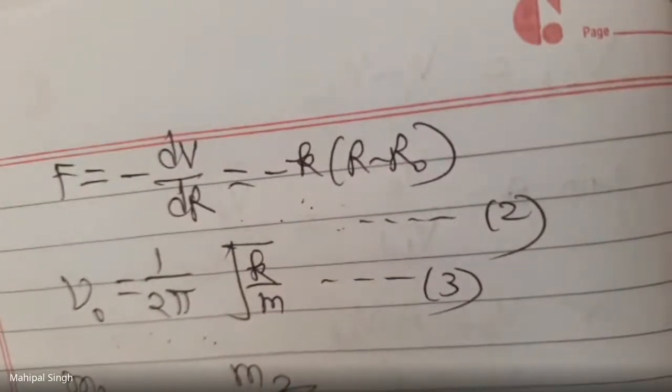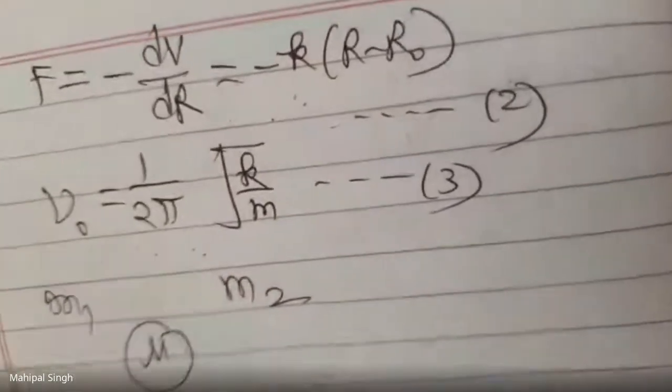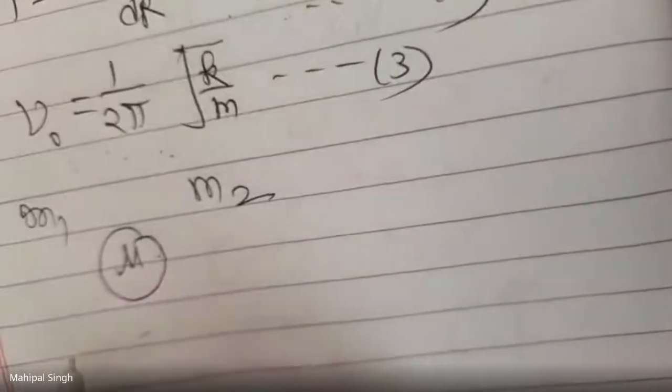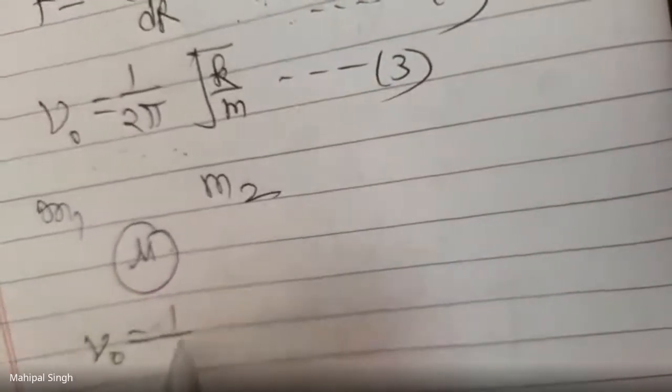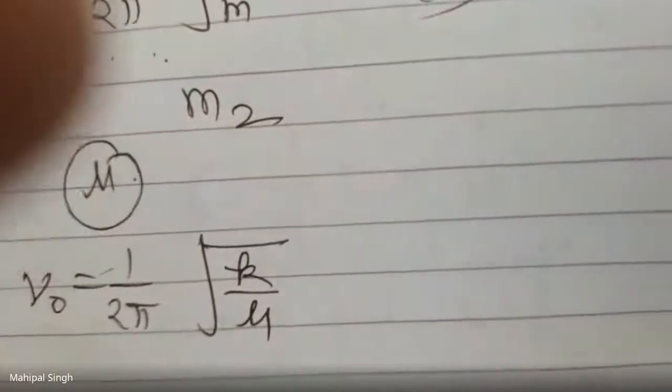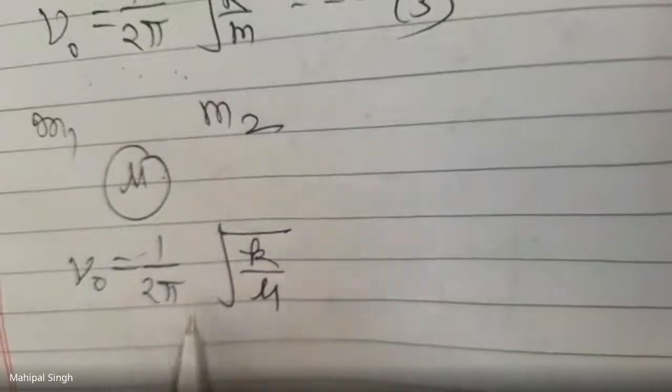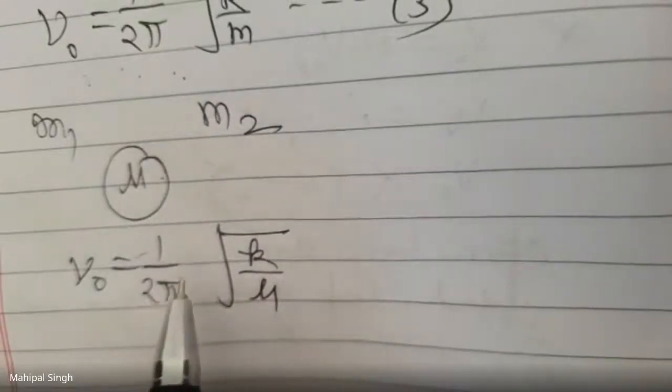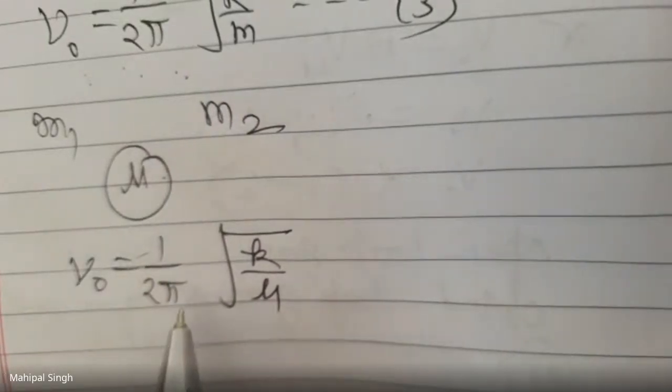The frequency of oscillation of such a two-body oscillator can be written as nu naught equal to 1 upon 2 pi under root k upon mu, where mu is the reduced mass. This is the frequency of oscillation of the two-body oscillator.